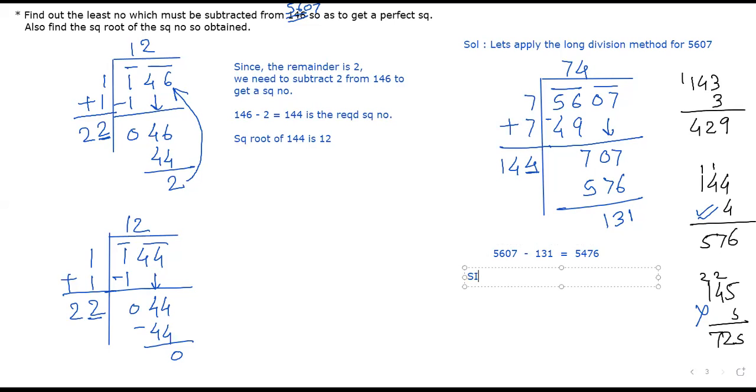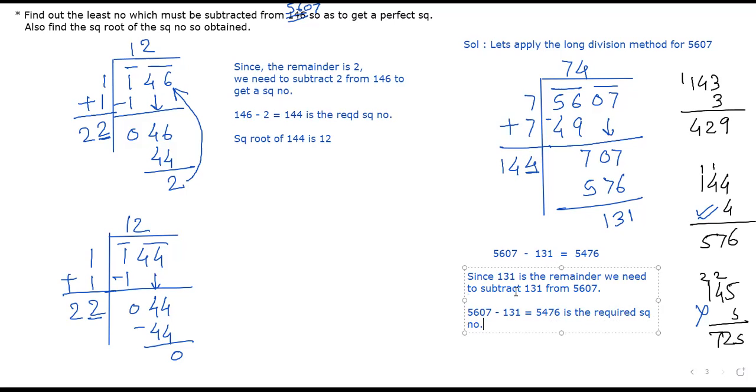Since 131 is the remainder, we need to subtract 131 from 5607. 5607 minus 131 is equal to 5476, the required square number, and square root of whom, children? 5476 is 74.